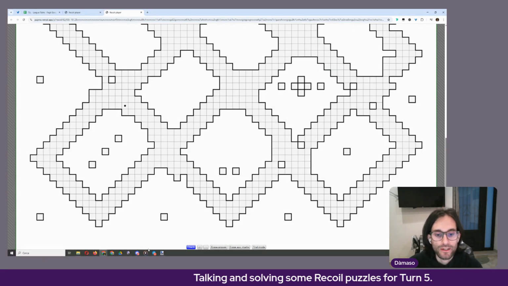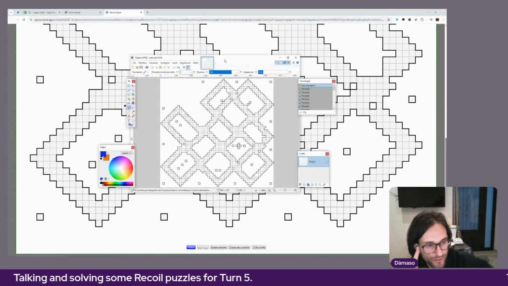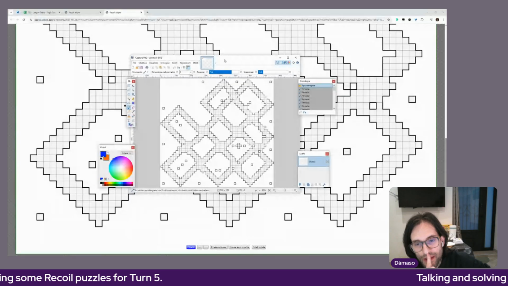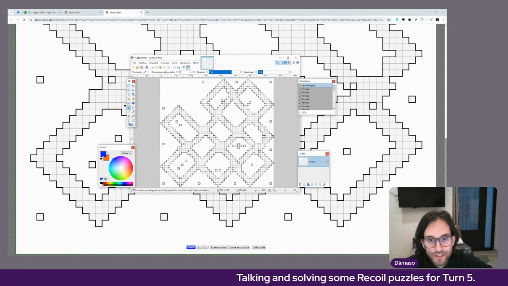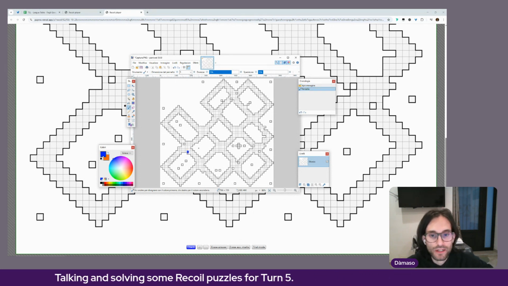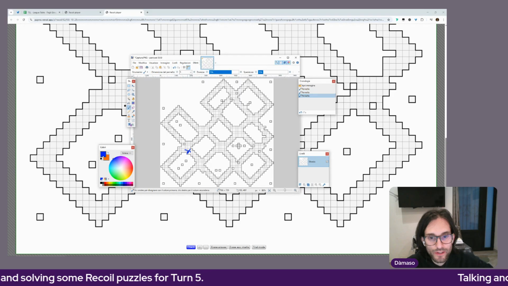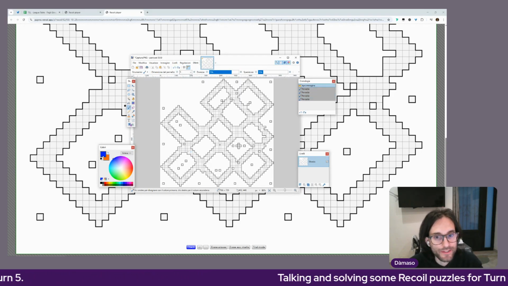Now, let me go to Paint.net. Why am I going to Paint.net? Because now I want to ask: I know that I'm starting here at this point of the grid, exactly here. My question is, where do I end?